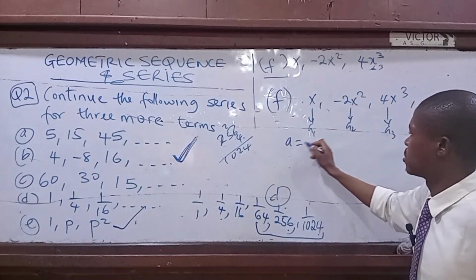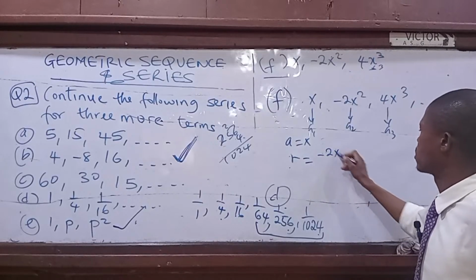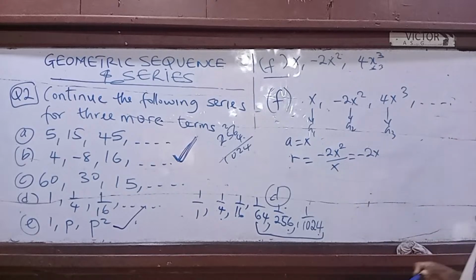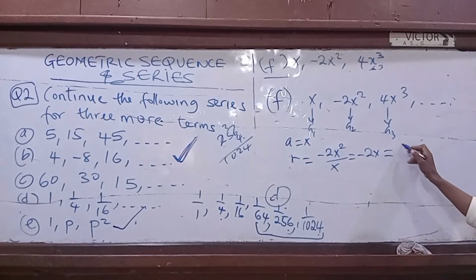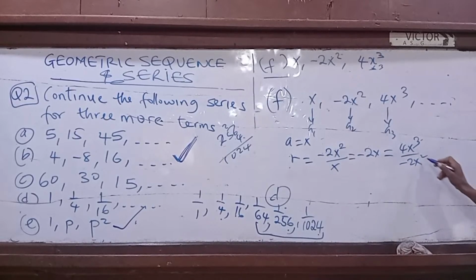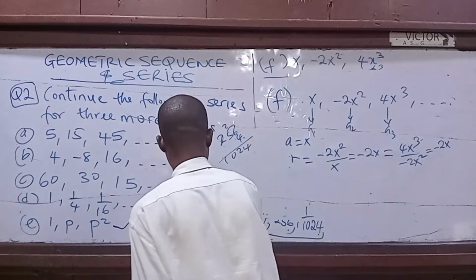The first term is x. The common ratio is minus 2x squared over x, and that's minus 2x, which must also be equal to 4x cubed over minus 2x squared. That's also minus 2x. So that's the common ratio.